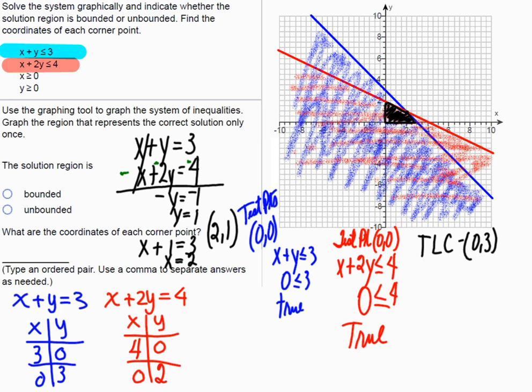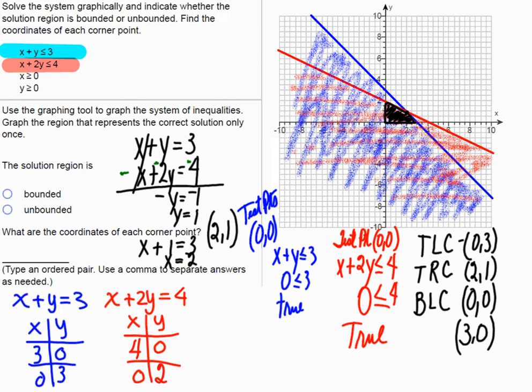Okay, the top right corner is 2, 1. The bottom left corner here is 0, 0, and the coordinates of the remaining corner is 3, 0.